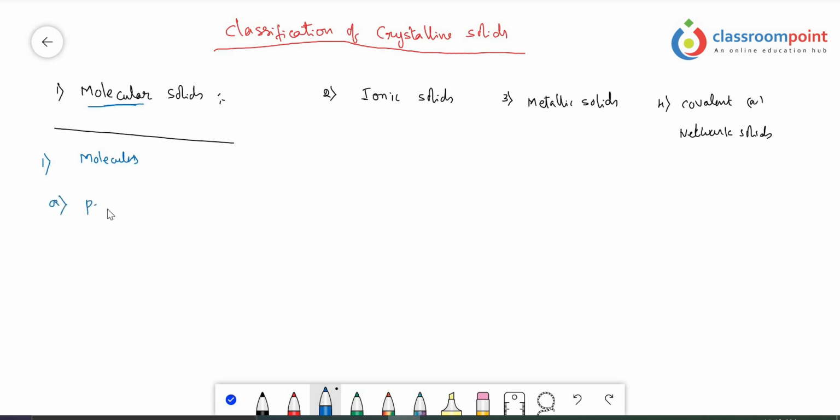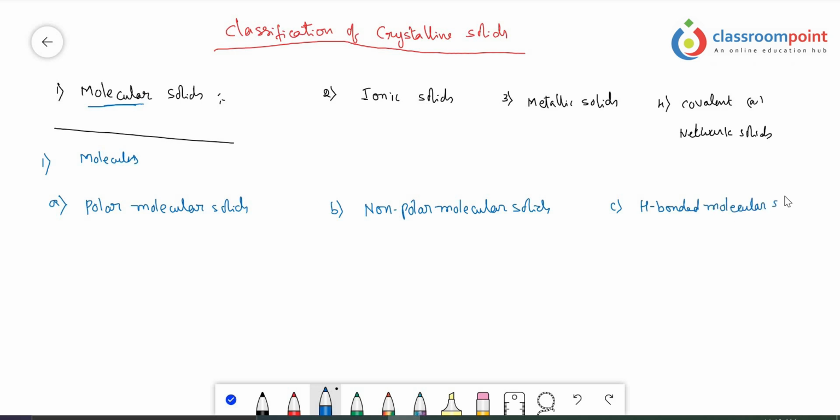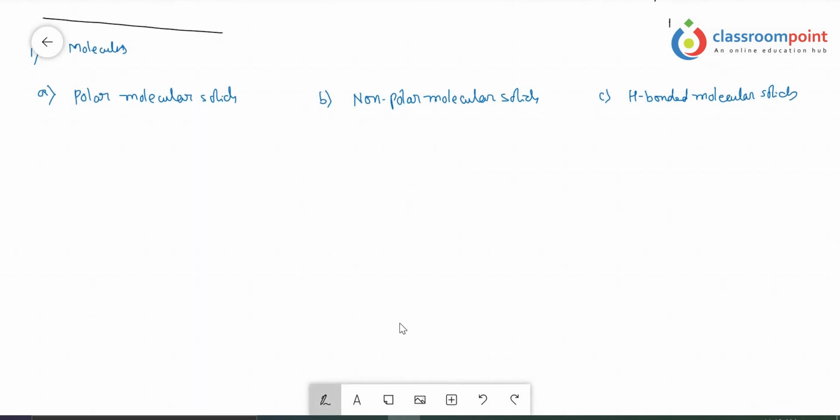First one, polar molecular solids, second one is non-polar molecular solids, third one is hydrogen bonded molecular solids. So three categories are there. In these three categories, let us discuss the polar molecular solids.